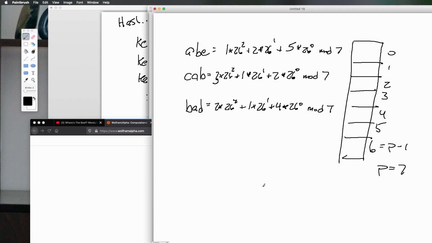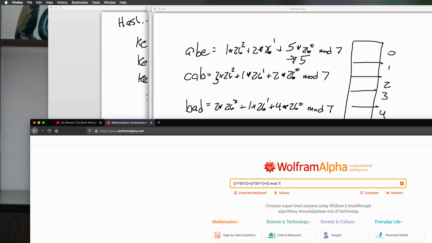So that tells me that Abe is going to go to 5. I'm switching a lot of things here, so please bear with me. So over here is where Abe would map to. So let's see where Cab would go to, and I've just got to change some of these numbers around. So that 1 is going to become a 3.